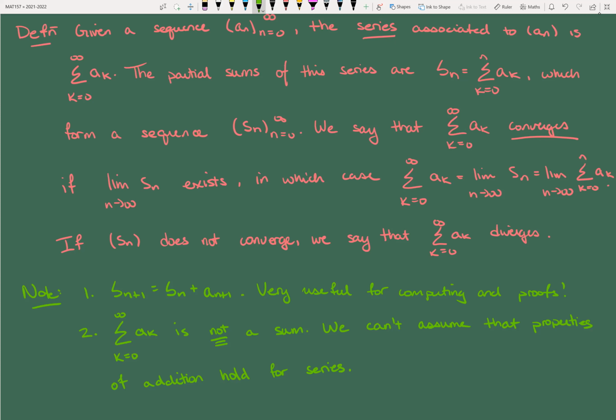But when you can't, when rearranging the terms actually changes the value of the series, then you can rearrange them to make the series converge to whatever you want, including diverge. If you get a series that is dependent on the order of its elements, then you can find a rearrangement to make it converge to whatever you want, including diverge, right? So that's a little bit crazy.